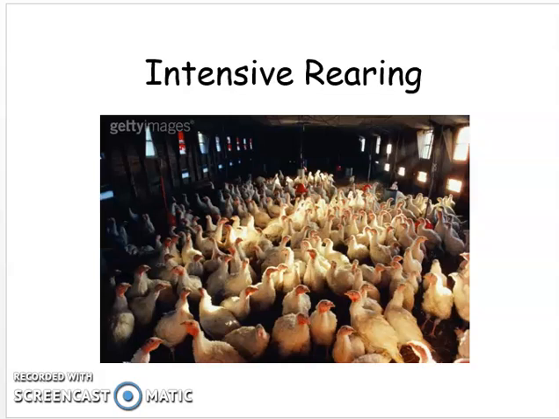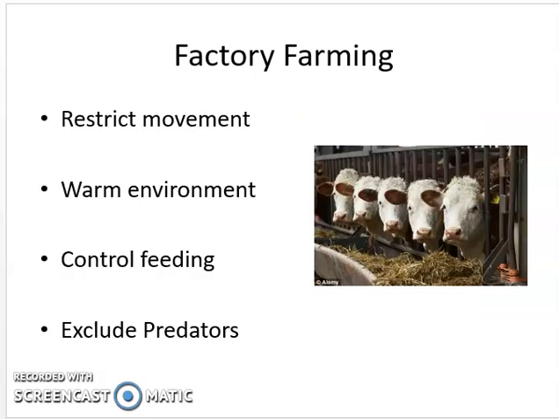So therefore, they tend to keep them in quite warm places. They restrict the movement, again, to reduce respiration. They control the feeding. They make sure that the food is highly digestible, absorbable, and it's going to increase this biomass. They'll exclude predators as well. So they really do a lot of work on it.